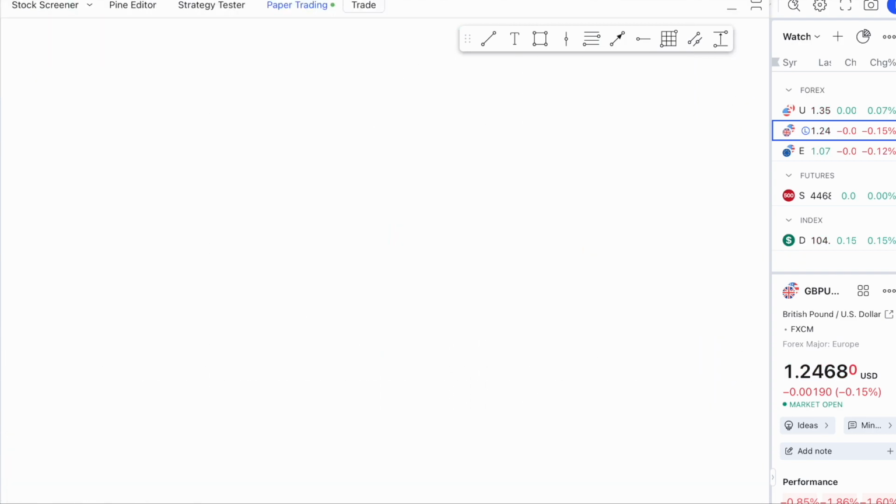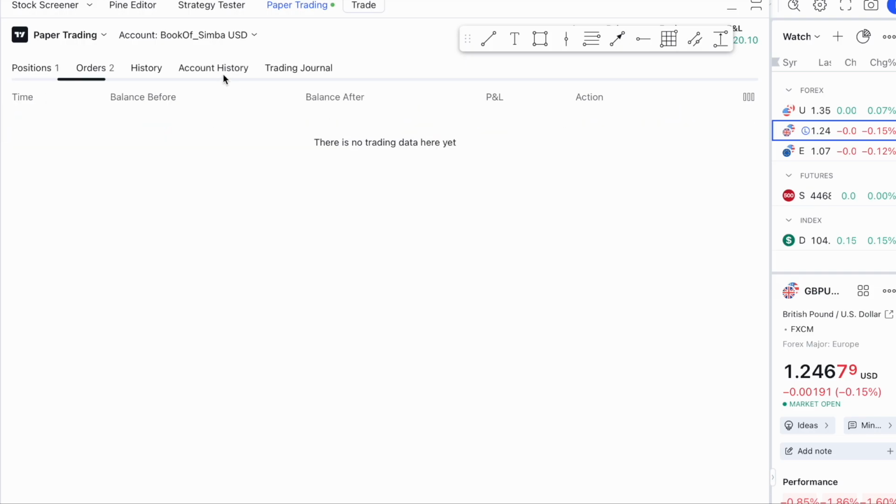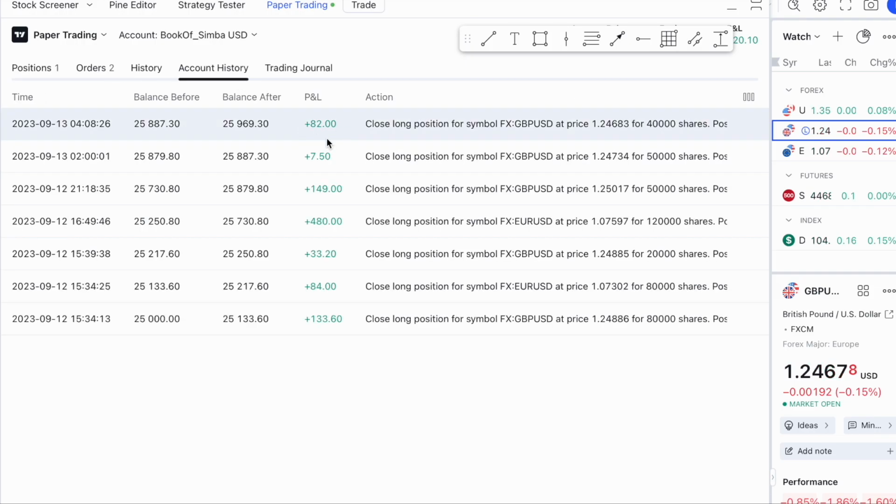So I'll just illustrate that even with 50 lots, half of a standard lot, we were still able to capitalize, and we locked in $82.